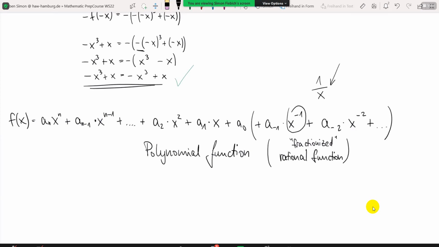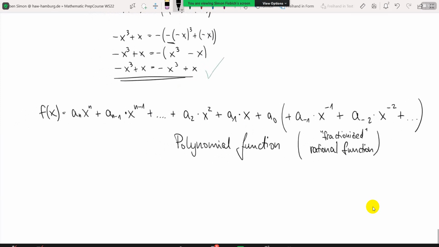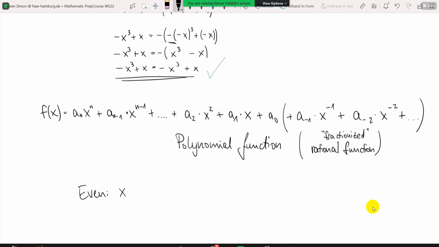Okay, and in this you can tell that this is even only if there are only x terms with an even exponent, and that it's an odd function when there are only terms with x raised to powers of odd numbers. Of course, in this connection, 0 is an even number.